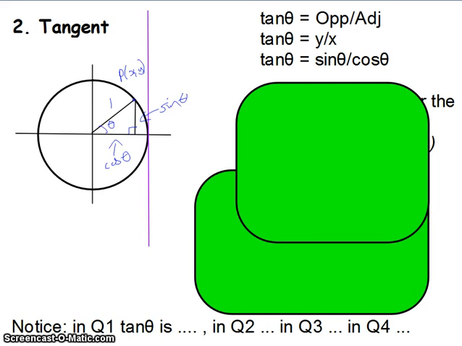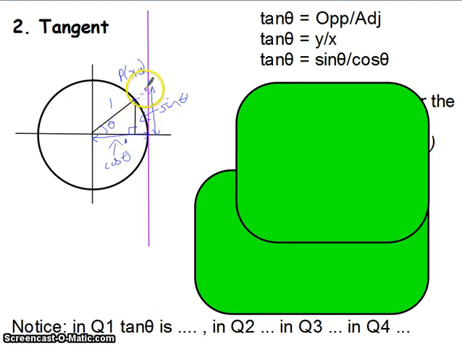Now, another way that we can look at tan is if we extend that line out there so it hits this tangent at 1, 0. This distance here, this height here, or the opposite side over that side, which was always going to be 1, is in the same ratio as sine theta over cos theta, so that's also tan theta.